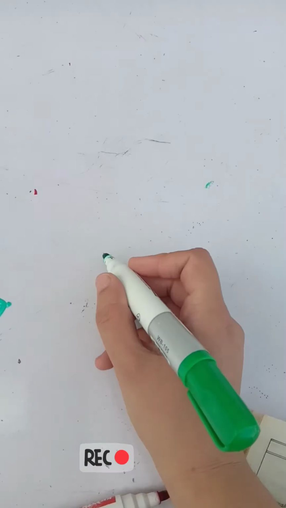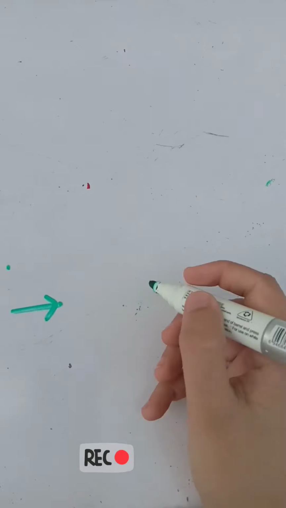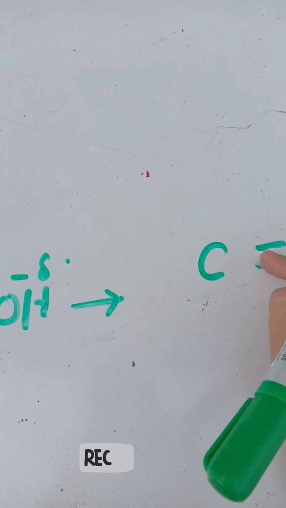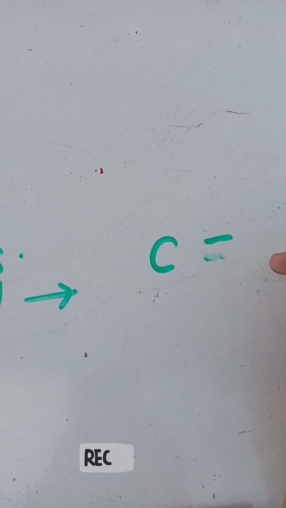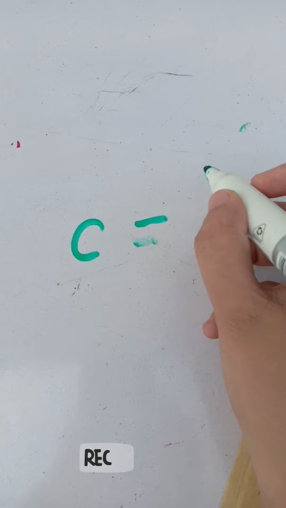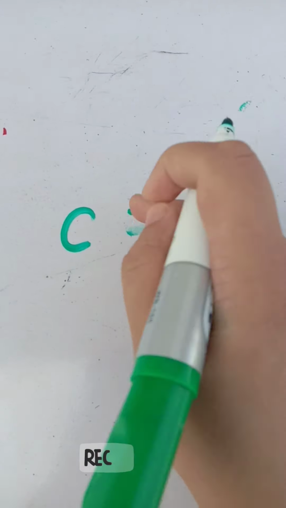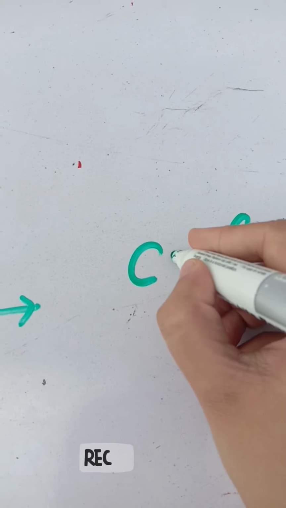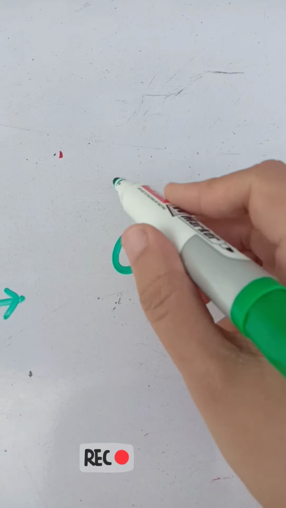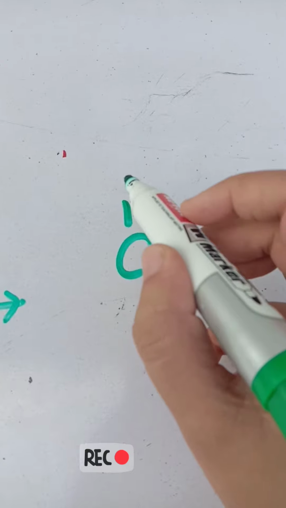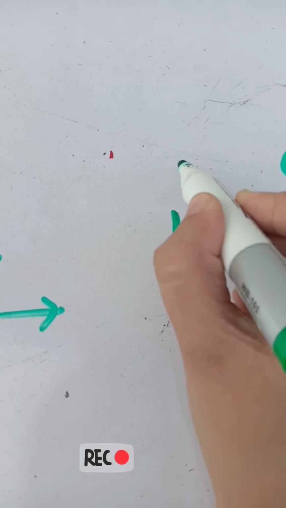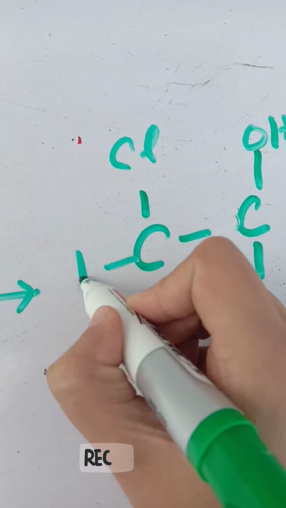So how does the formation of the product take place? I'll again draw two carbon atoms with only a single bond between them, because the double bond is breaking in this reaction. One OH will attack one carbon atom, and Cl will attack the other.